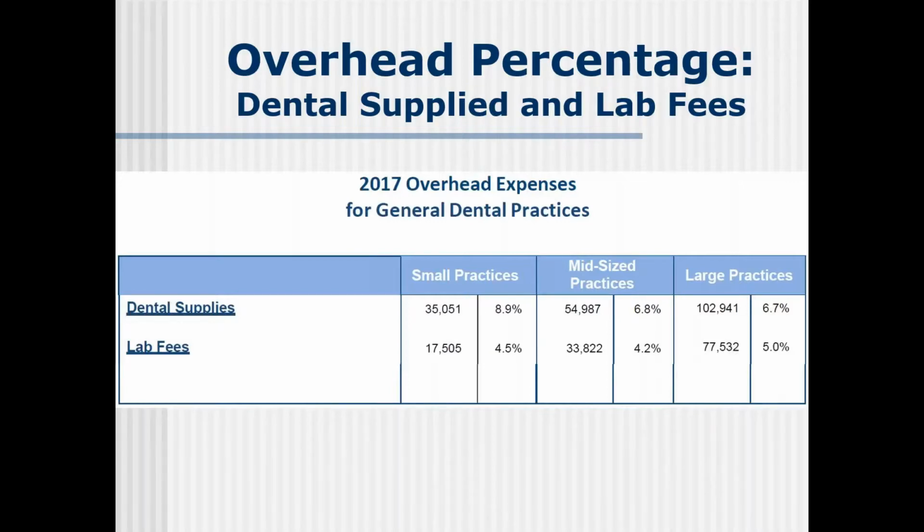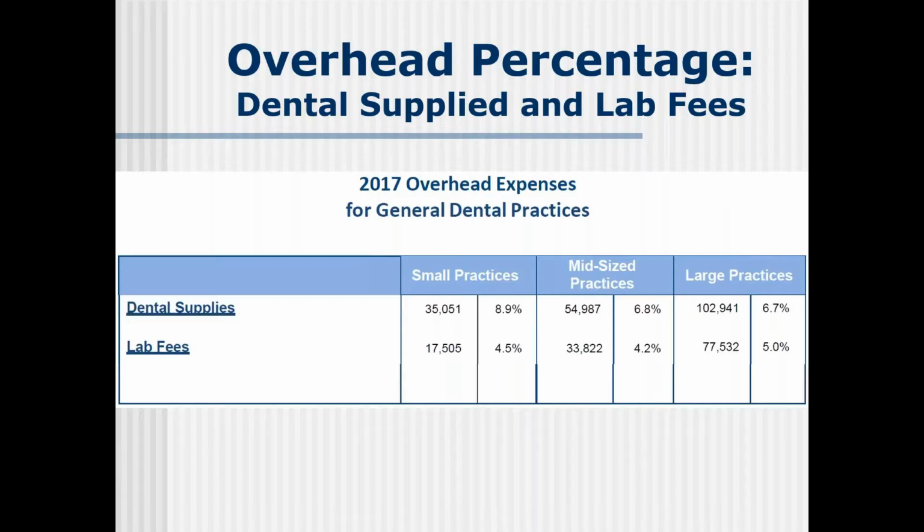And dental supplies, smaller practices spent, it looks like, almost 9% of their collections on dental supplies, and the lab was 4.5%. Mid-size was 6.8 and 4.2%, and larger practices were 6.7 and 5% for lab. I think with mid-size practices, it just happens in our sample that a large percent of our mid-size practices have CERECs, and it actually pushes the lab cost down a little bit.